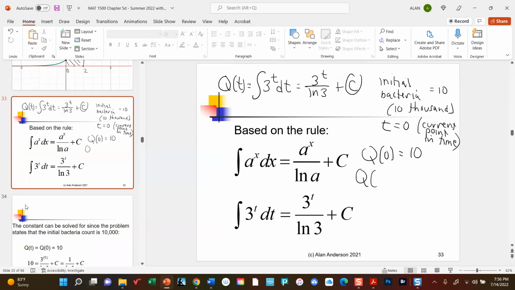So if Q of t is 3 to the t over log 3 plus c, equals 10.